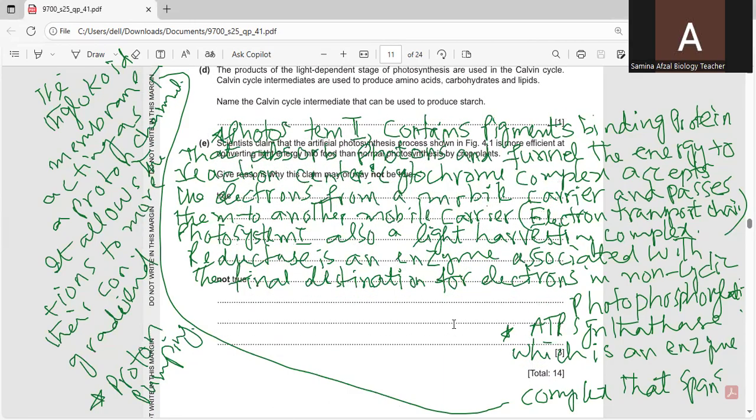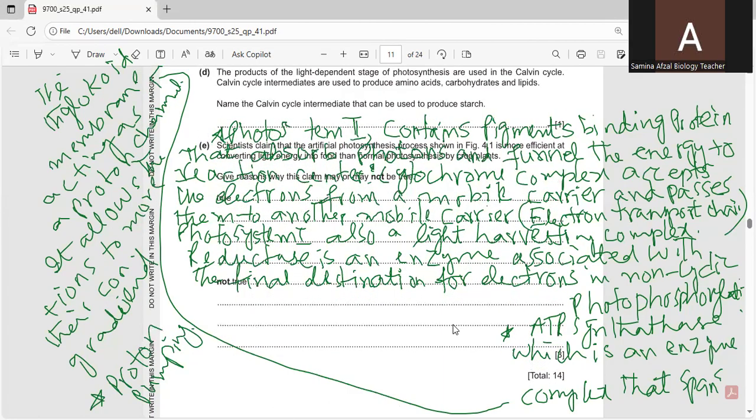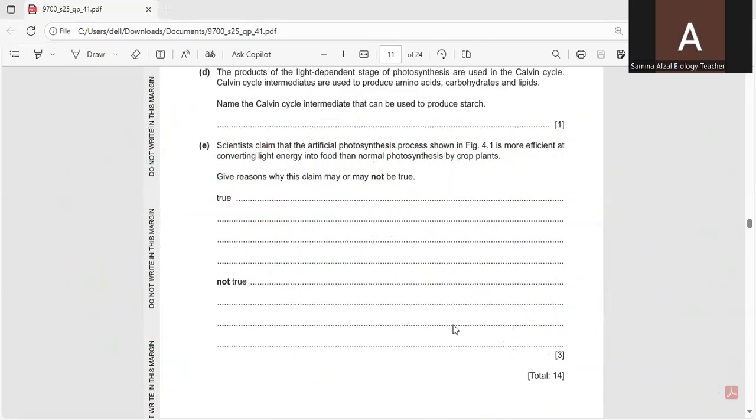And the next question is, the products of the light-dependent stage of photosynthesis are used in the Calvin cycle. Calvin cycle intermediates are used to produce amino acids, carbohydrates, and lipids. Name the Calvin cycle intermediates that can be used to produce starch.